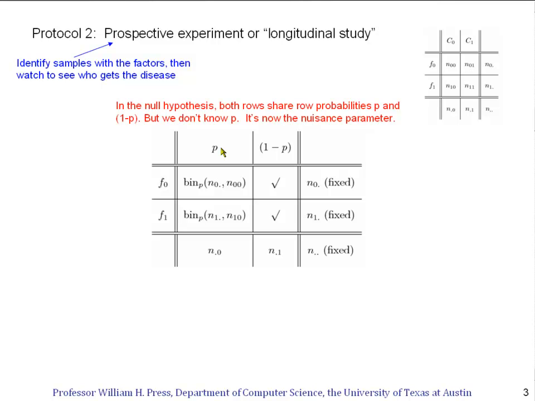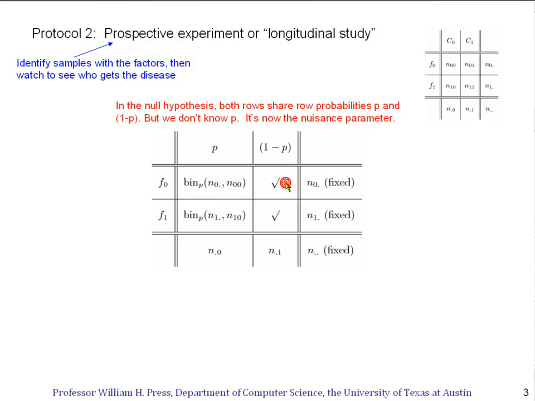So the logic is very similar to before, but the actual table has been turned on its side, as it were. So now we start with the idea that in this row we know how many events there are, n0 dot, and under the null hypothesis, with probability p, we just draw from that number n0 dot to figure out the probability of getting exactly what we observe, the n00 there.